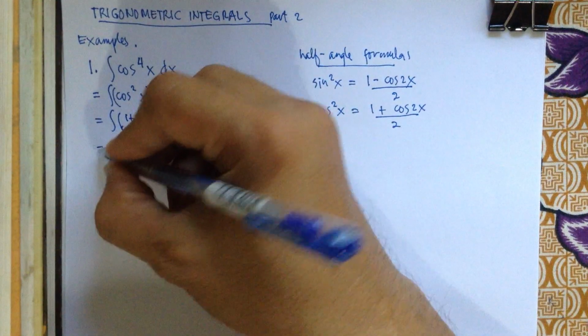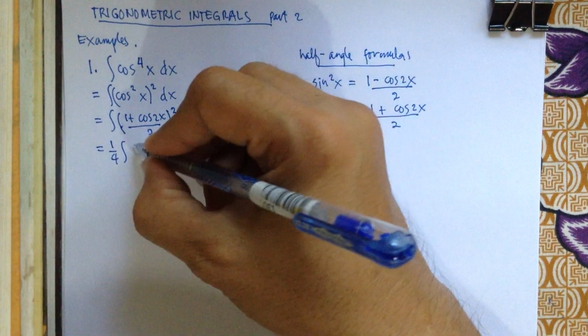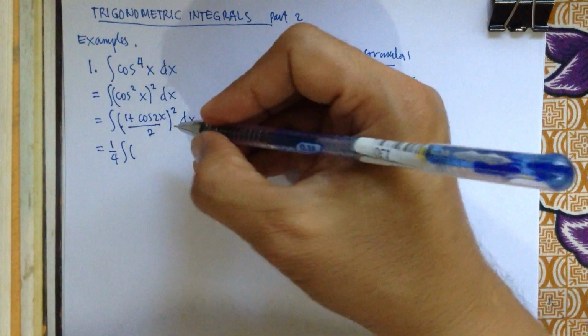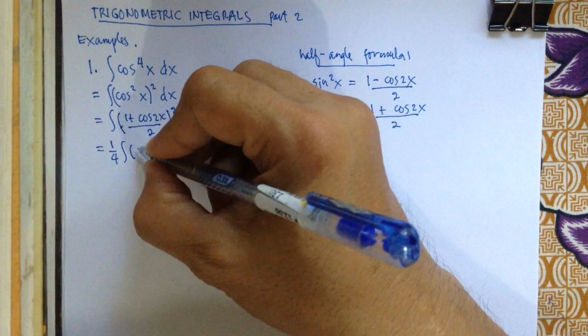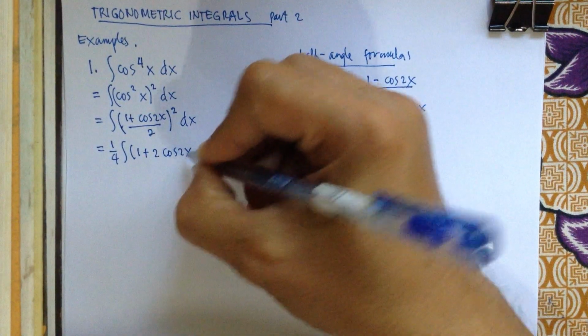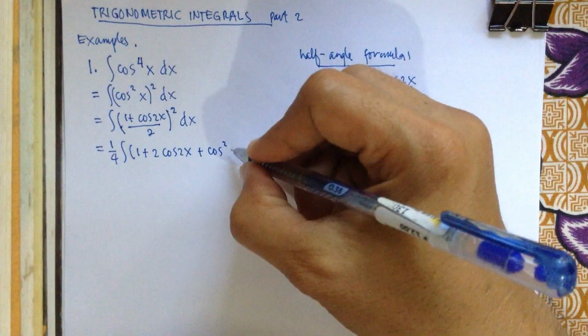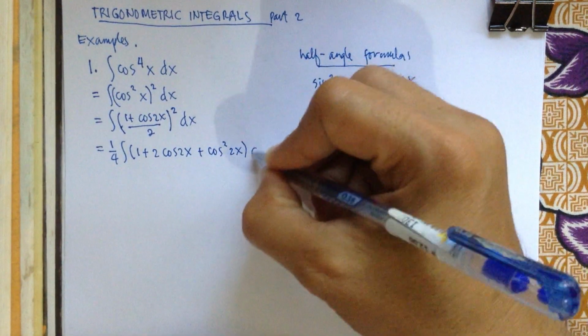And then we expand. Of course, this is 1/4. Let's just write this outside. Then the expansion of 1 plus cosine 2x quantity squared is 1 plus 2 cosine 2x plus cosine squared 2x dx.